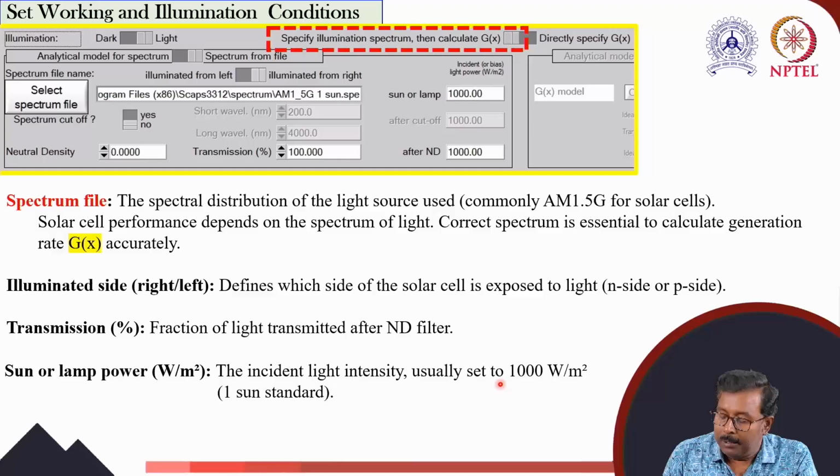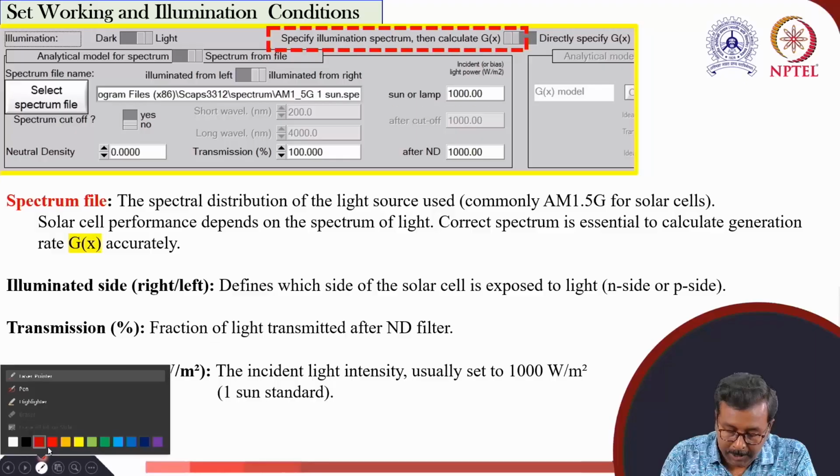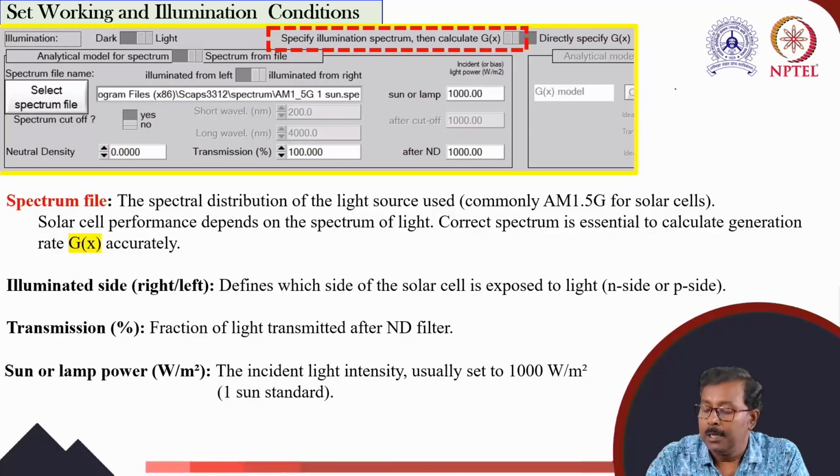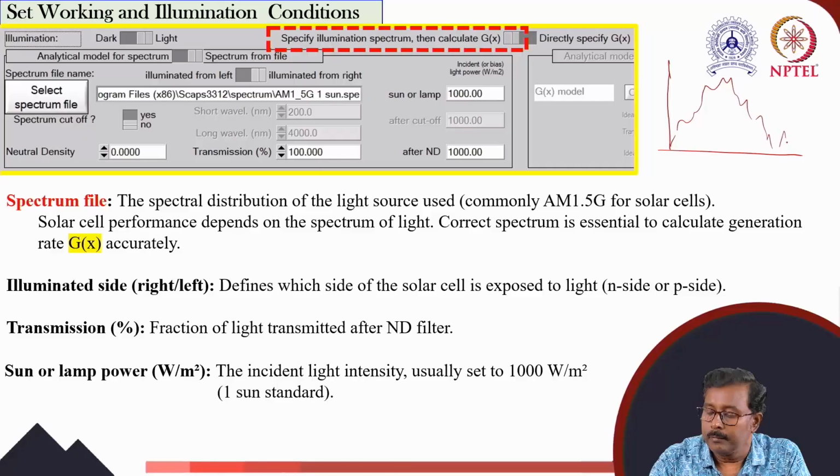Lamp power, this is usually set to 1000 watt per meter square for one sun standard, because just imagine there is, suppose, a solar spectrum like this. This is, suppose, the wavelength.